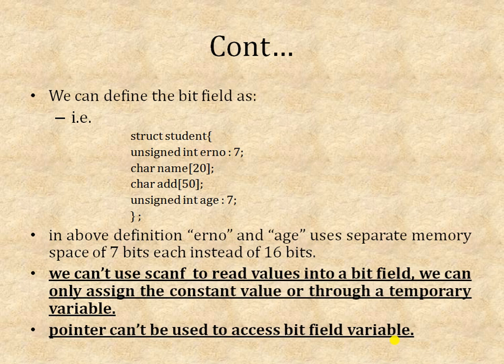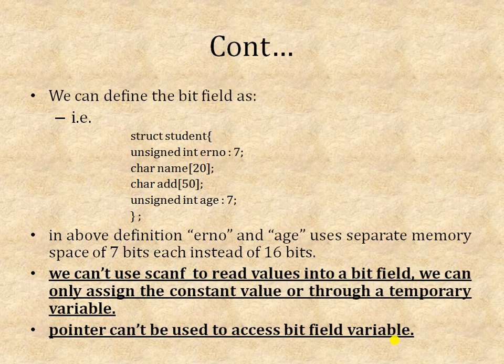The intention of writing the unsigned keyword prior to integer is that in a binary number system, the most significant bit, the MSB, or the bit available on the leftmost side, indicates the sign of a particular value. So if we do not write the unsigned keyword in the beginning of the integer, then the first bit of the value will be considered as the sign of that value.